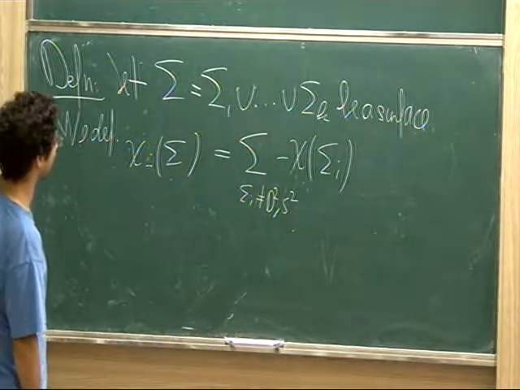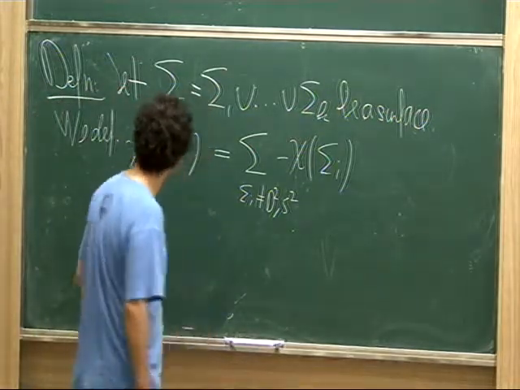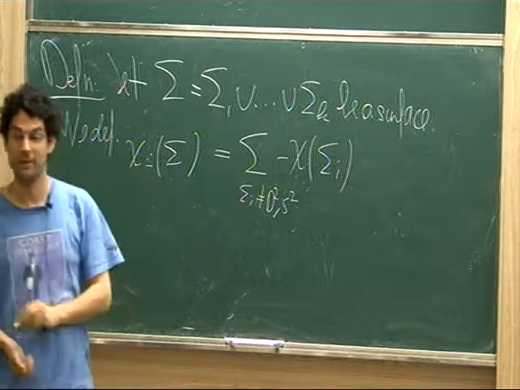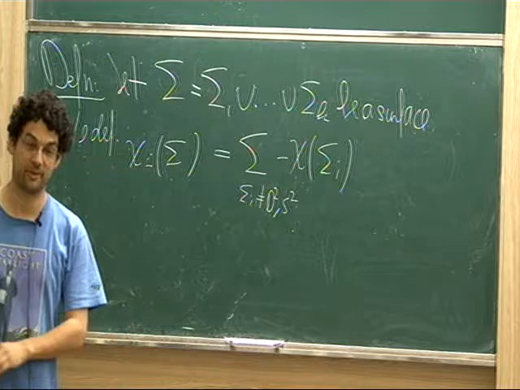Okay, lots of sigmas. I apologize for bad notation. So the complexity of a surface is just: you take a surface, throw away disks and spheres, and then you take minus Euler characteristic.